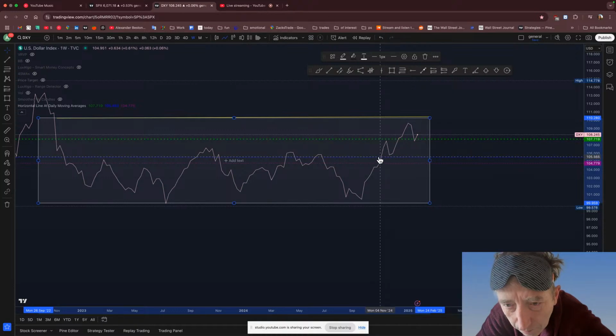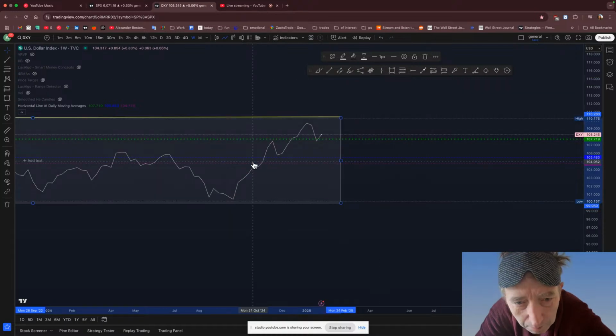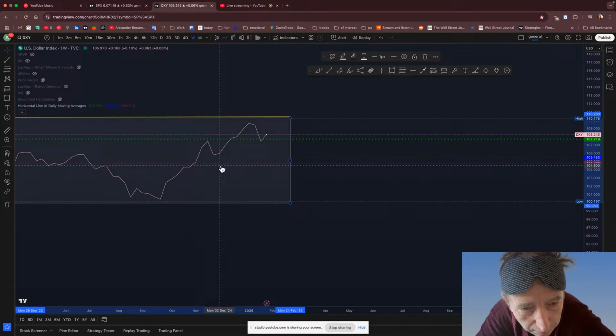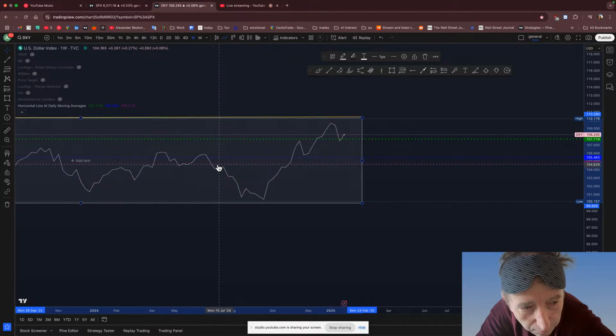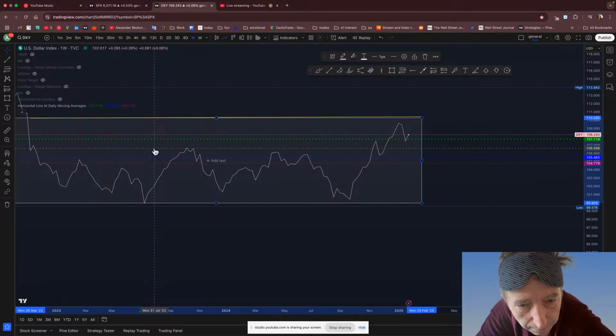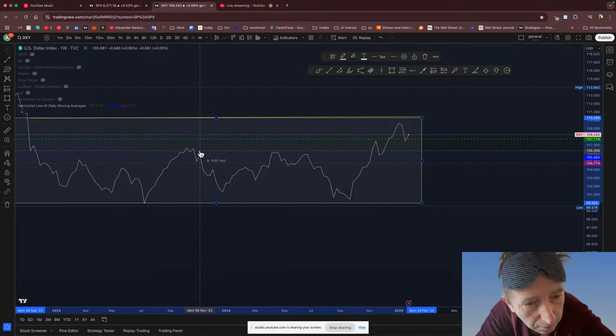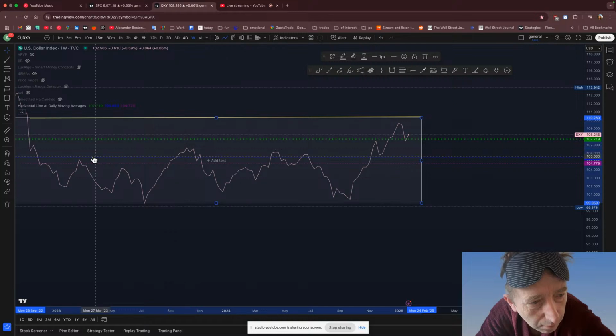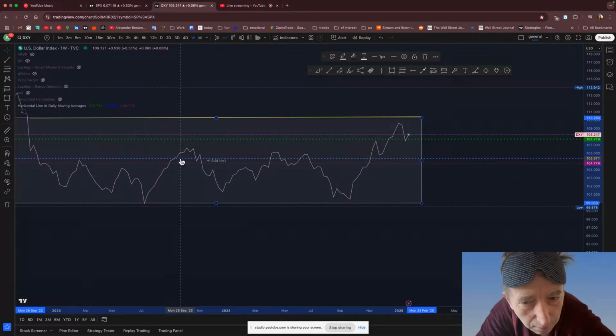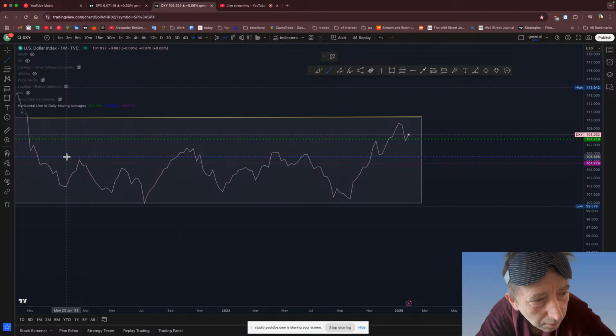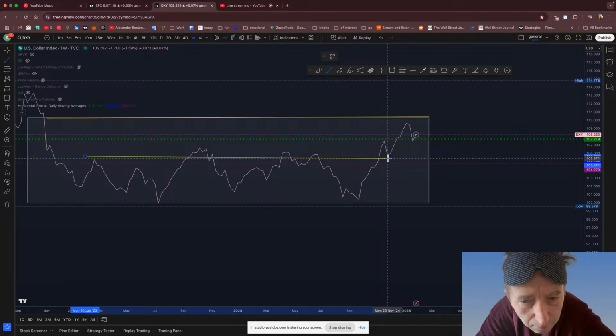Of course, since man-child has been elected, we've broken out of our range, which was about here. There were 1, 2, 3 sort of peaks here. And actually this 100 line seems to be kind of giving us the top of the range, which is around there.